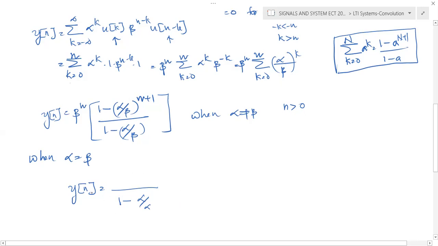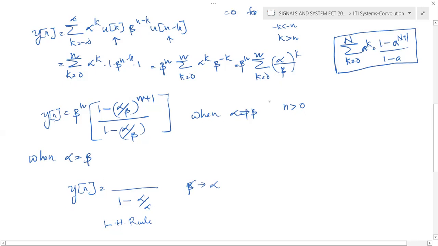So we cannot directly apply the limit of beta tending to alpha, as both are the same. To substitute in this equation, we would need to apply L'Hospital rule. Again, it's a very lengthy process, so we will avoid that.